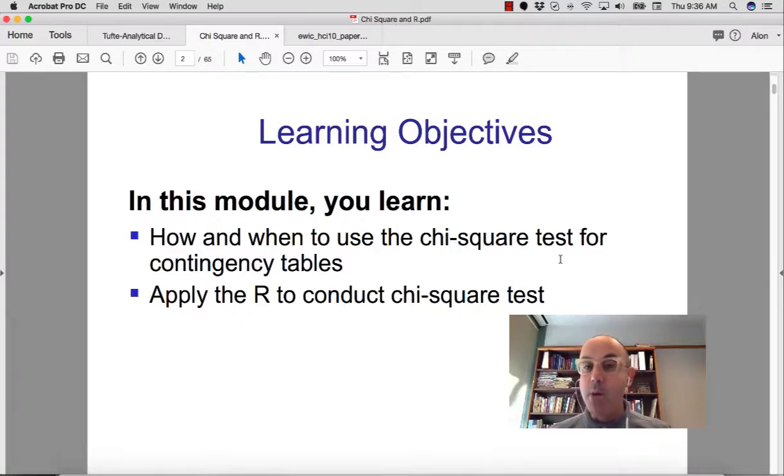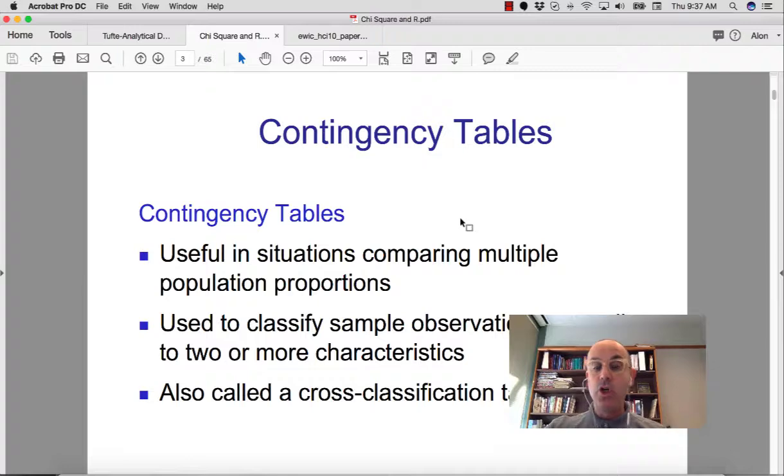Okay, so in this module, you will learn how and when to use the chi-square test for tables, contingency tables, and apply it in R. That's the objective, a very straightforward objective that I want you to make sure of.